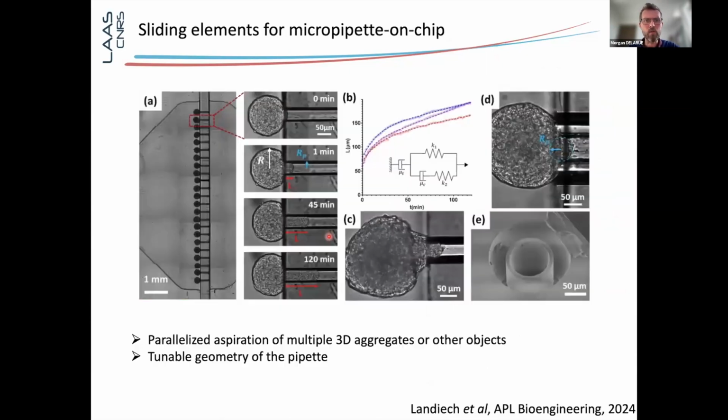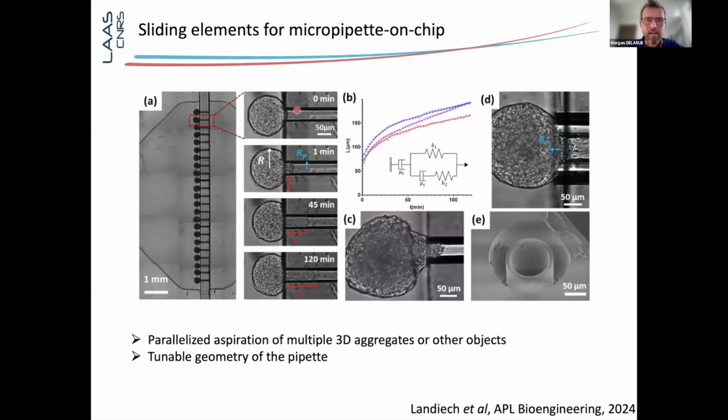So the first thing that we do with these sliding elements is to adapt them to do micropipette aspiration on chip. For those who don't know micropipette aspiration, it's a technique widely used in biology to characterize the rheological properties of cells or assemblies of cells, what we call an aggregate of cells, or even biomimetic samples.